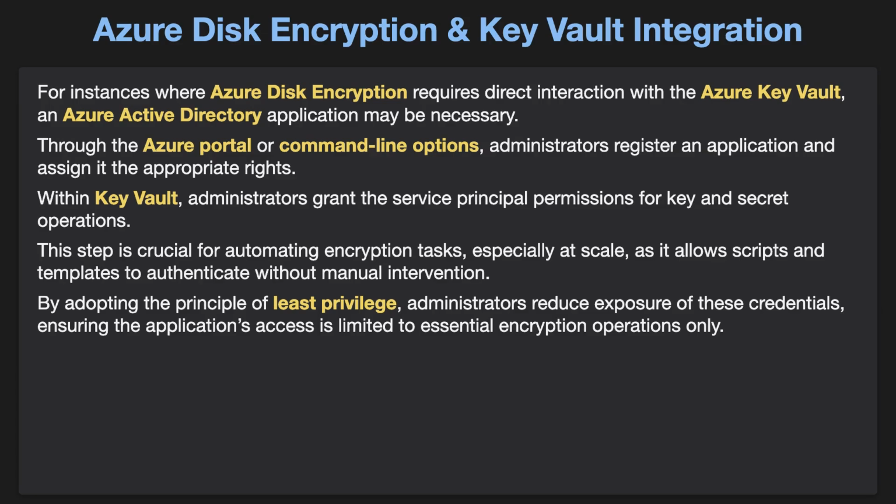This step is crucial for automating encryption tasks, especially at scale, as it allows scripts and templates to authenticate without manual intervention. By adopting the principle of least privilege, administrators reduce exposure of these credentials, ensuring the application's access is limited to essential encryption operations only.